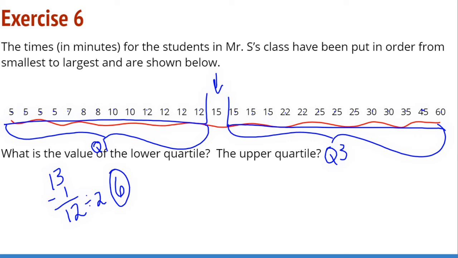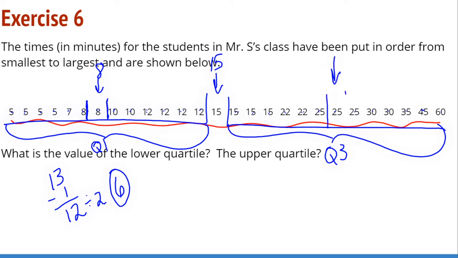1, 2, 3, 4, 5, 6. There's my median. 1, 2, 3, 4, 5, 6. So right here is my quartile 1 at 8. Here is the median of my data set at 15. And I can come over to the upper side, and I can find the upper quartile, and it's also 6, 1, and 6. 1, 2, 3, 4, 5, 6.